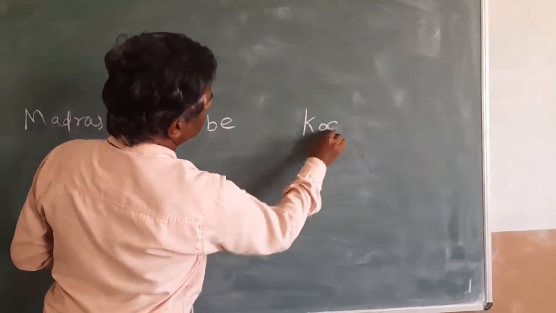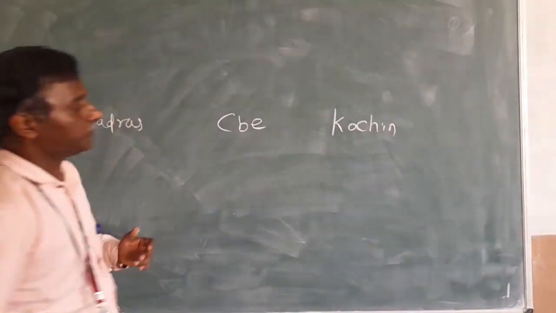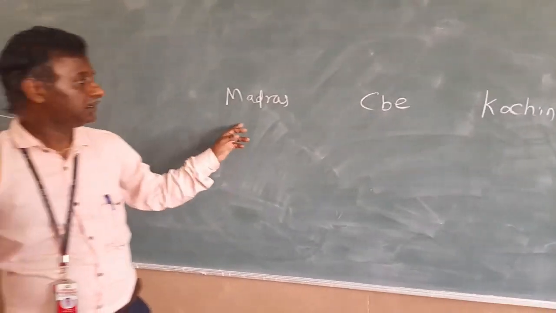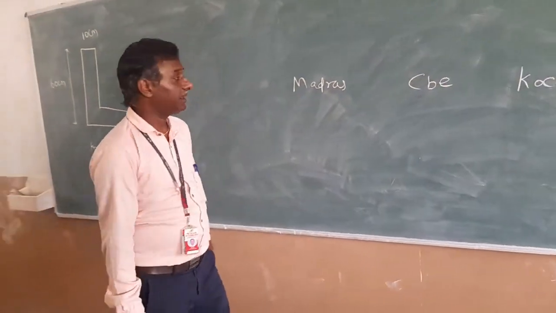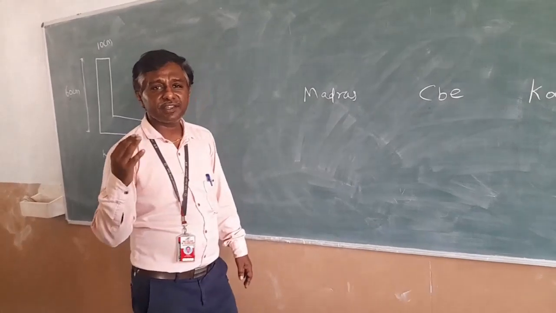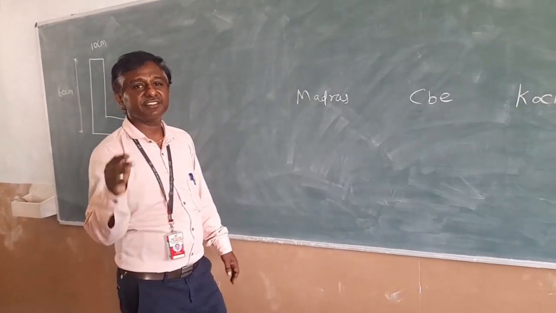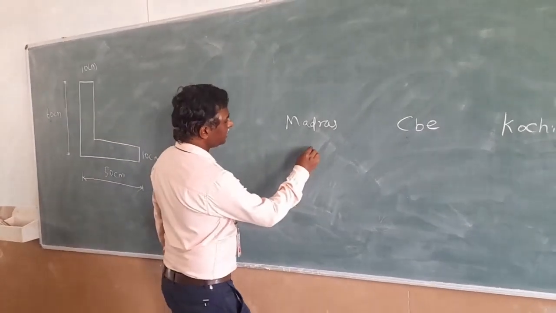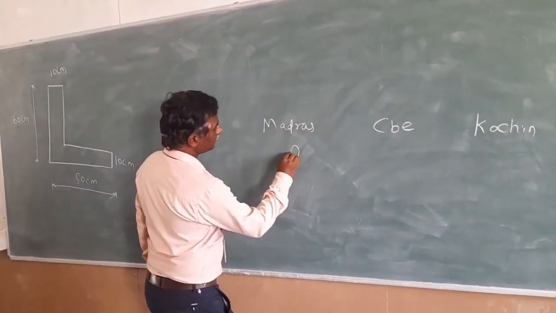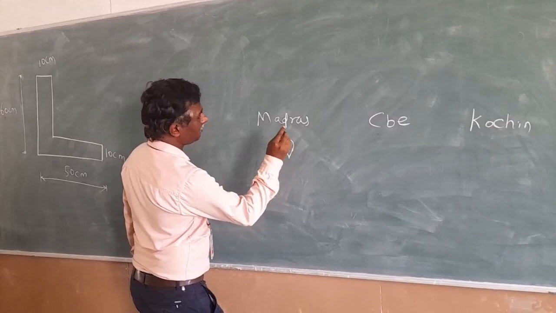Why am I going to take a reference point? From where it is to be measured, that is the question. Let's take that I am here, this is my location.